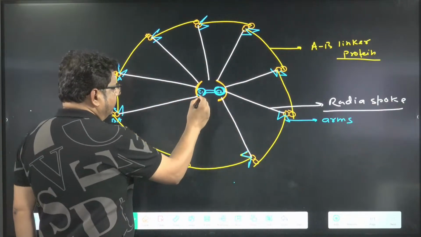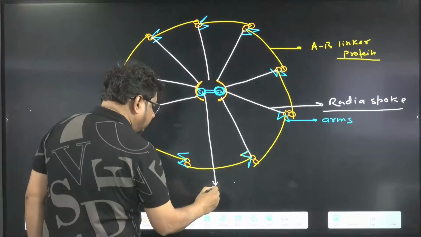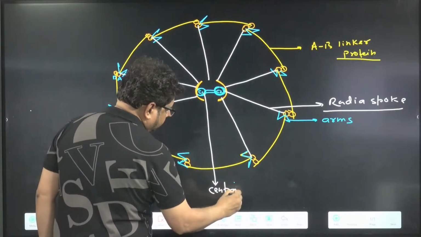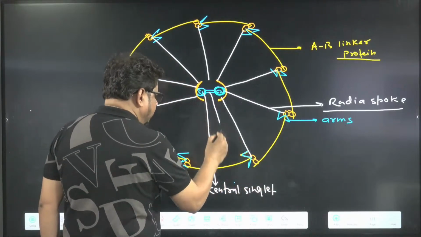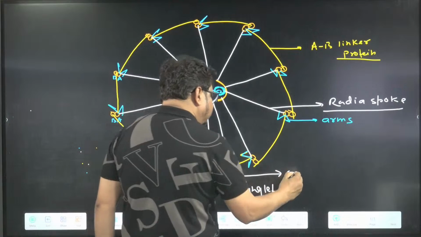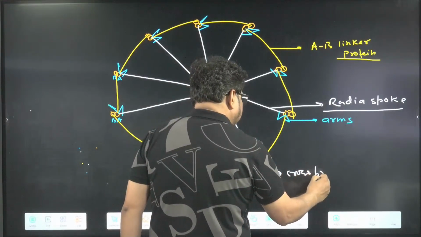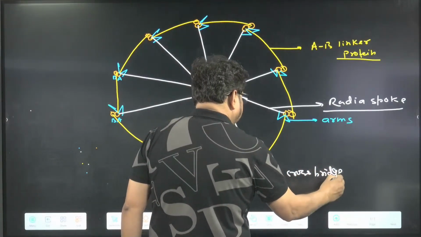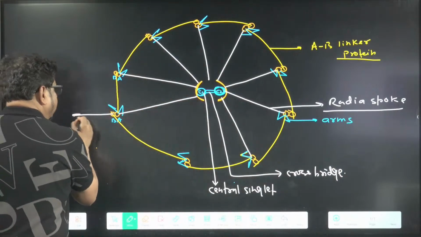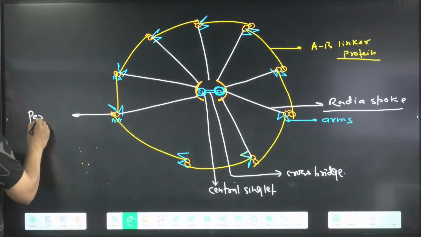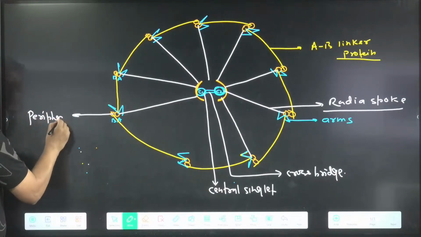So I am writing here, it is central singlet. It is basically the cross bridge. Got the idea? It is the peripheral doublet.